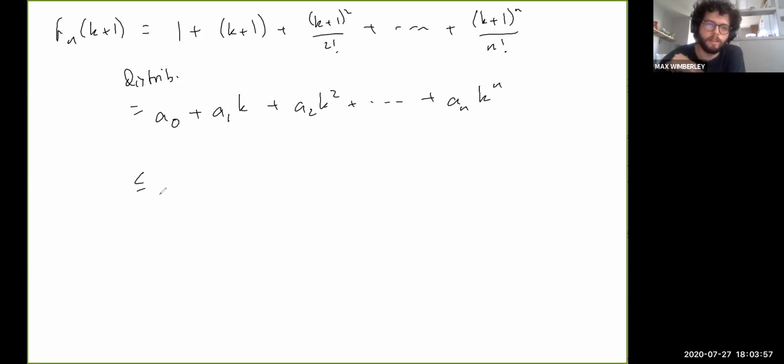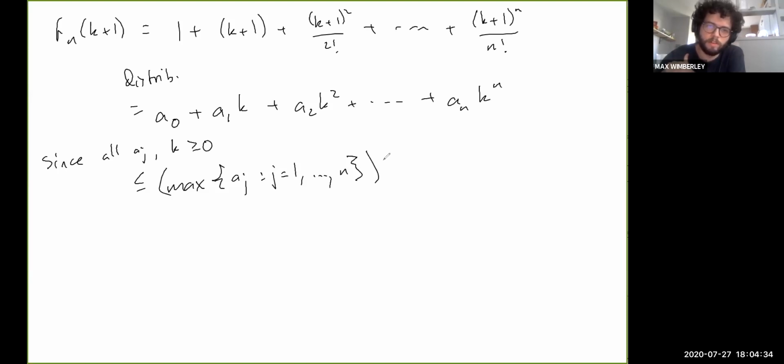And then you can say this is less than or equal to, since all the a_j's and k are greater than or equal to 0, the maximum of all the a_j's times k to the n.